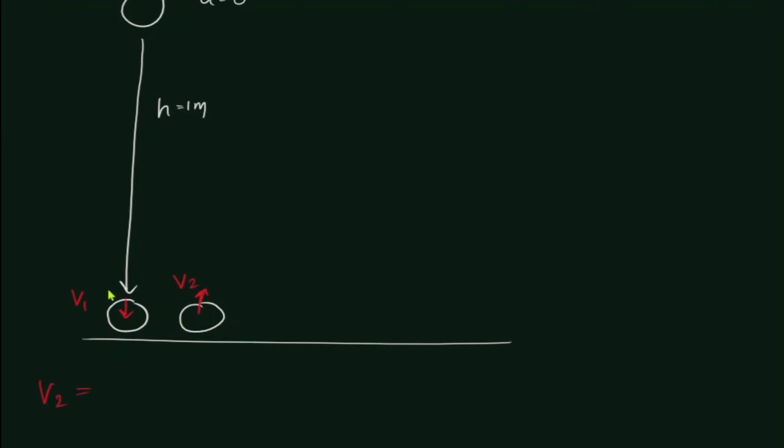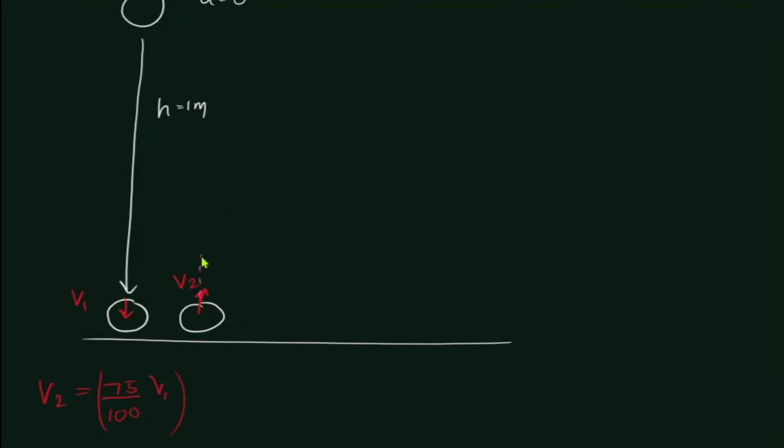It is 75% of v1. Now v2 is 75% of v1, because when it collides with the floor, 25% of the velocity is going to be lost. What's the remaining velocity? 75%. Quite simple, right?